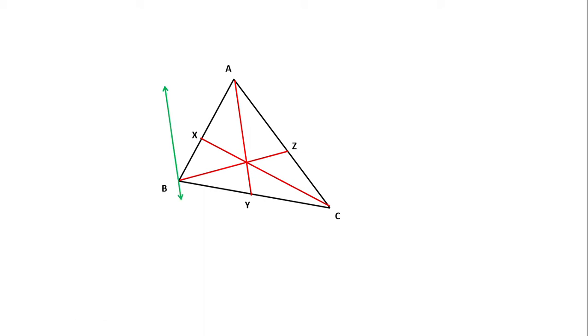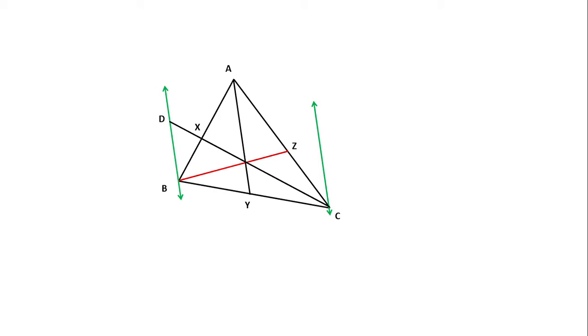We're going to set up a parallel line to one of the Cevians through a vertex of the triangle, and another also parallel to the same Cevian through the other vertex of the triangle, and we'll extend the Cevians until they meet those parallel lines.